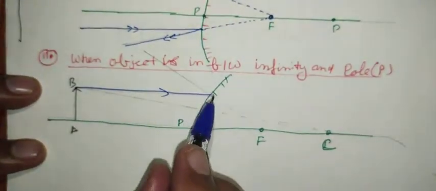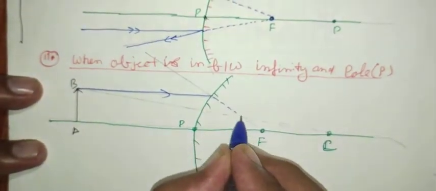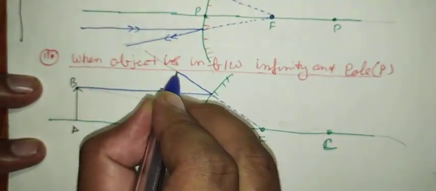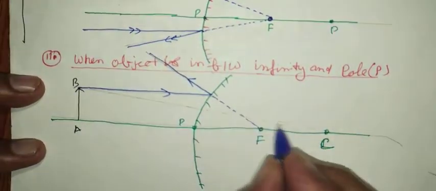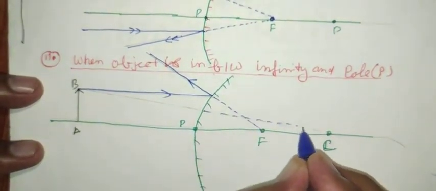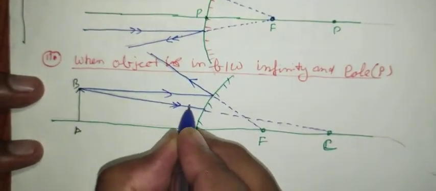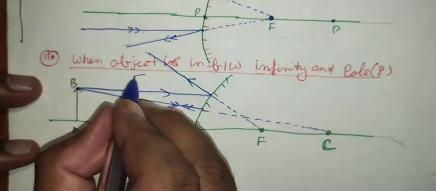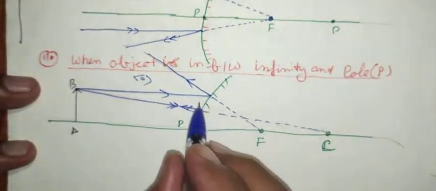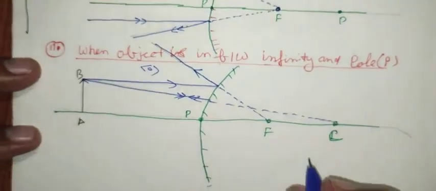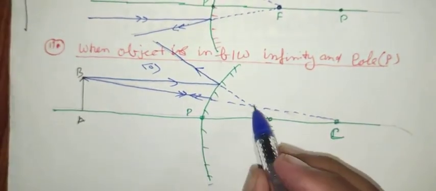After reflection, it seems to come from the focus. So this will be reflected in this side. The second ray is directed toward the focal point, falls here and is reflected back. When observed from this side, this ray seems to come from C and this ray from F. So these two virtual rays meet at this point.